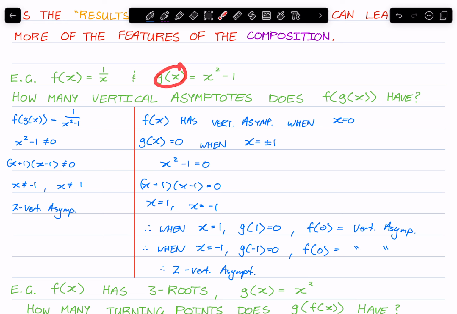So when does this equal 0? I found it here. And then I go through the logic to show that when x equals 1, we're substituting 1 into g. We get 0 out of g of 1. And that goes into f, which gives us the first vertical asymptote. And we repeat that for the second x value of -1.